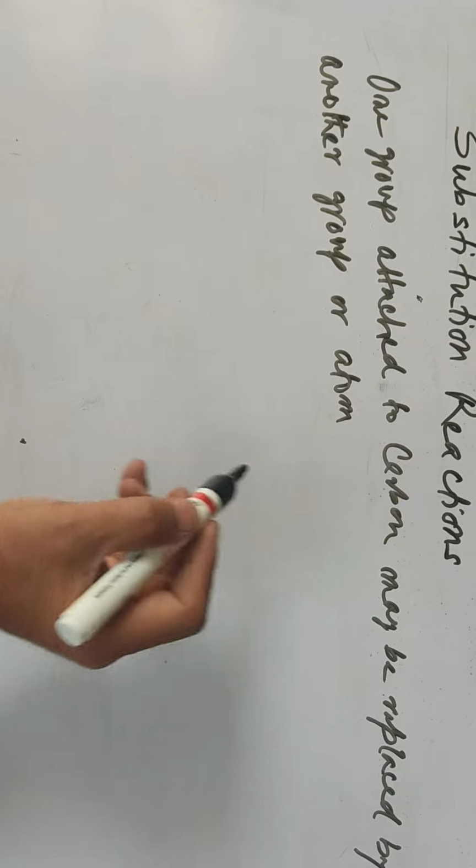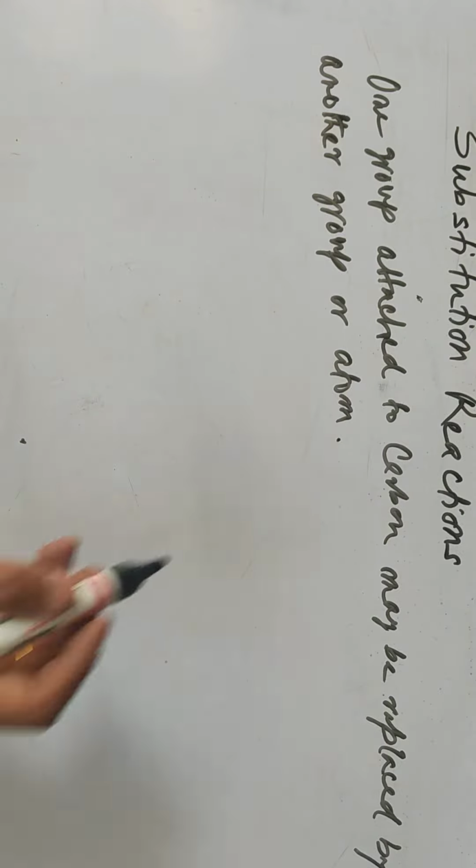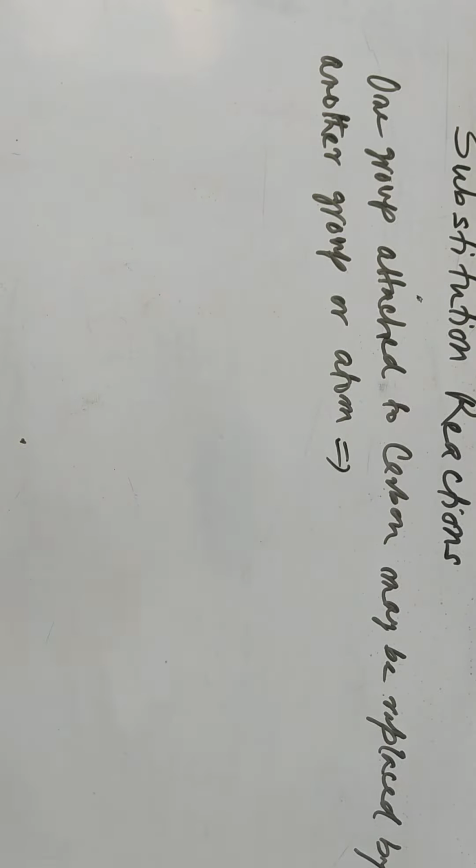This is known as substitution reactions. I'm repeating again, substitution reactions may be discussed as one group attached to carbon being replaced by another group. So it is known as substitution reactions.